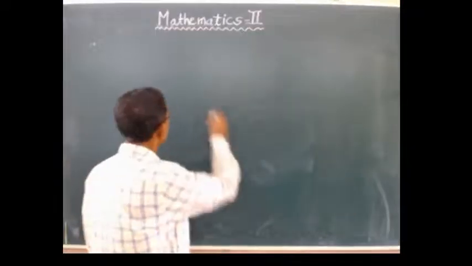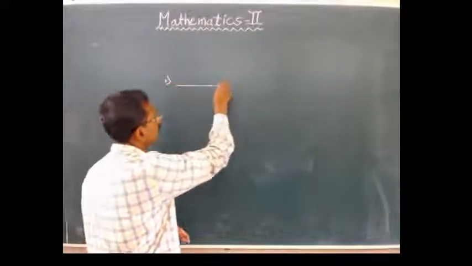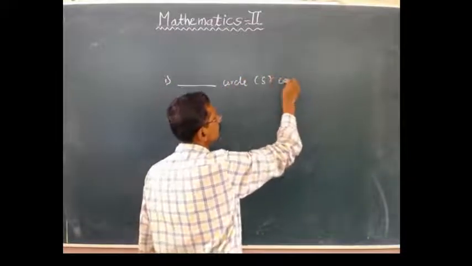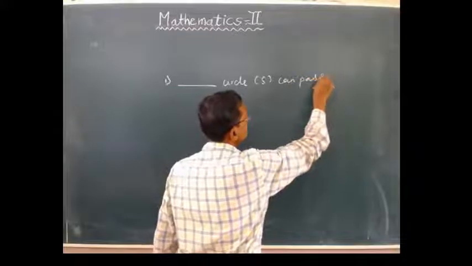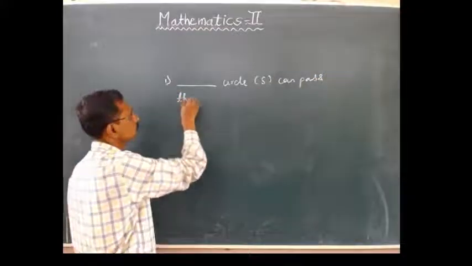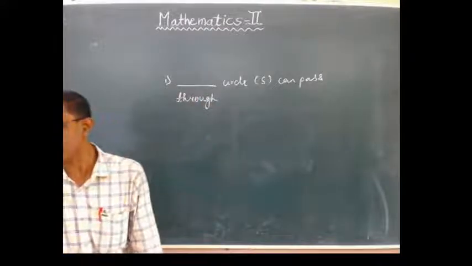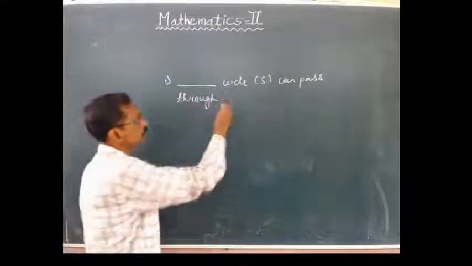Dash circle or circles can pass through a given point.